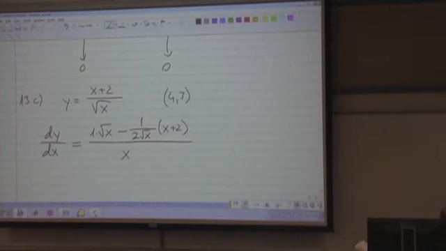Okay. What next? Well, we would like to make this a little nicer. So we will have 2x minus the quantity x plus 2, divided by 2x times the square root of x. Too fast? Well, least common denominator.